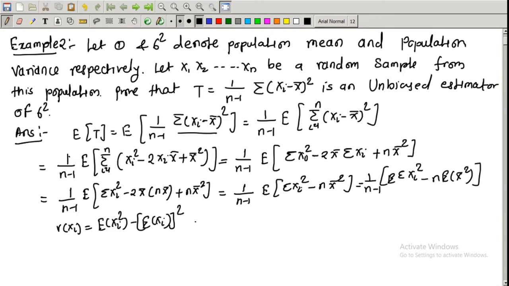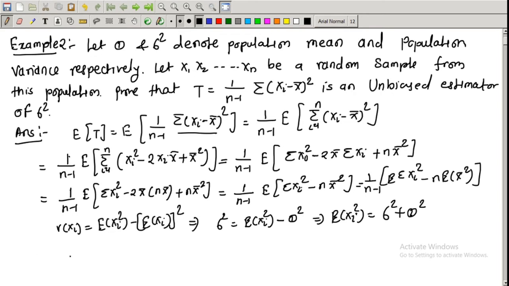So this implies variance of xi is sigma square, which is equal to expectation of xi square minus mean is theta, so theta square. So this implies your value of expectation of xi square is what? Sigma square plus theta square.